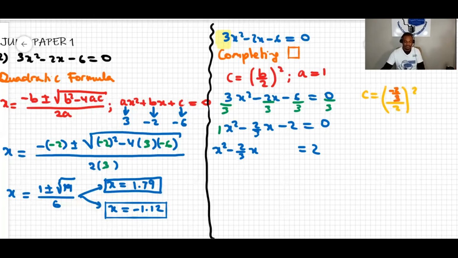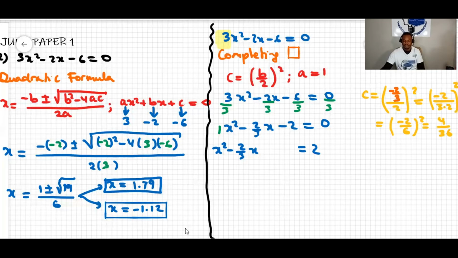When you have a fraction like that over another number, you can just do negative 2 over 3 times 2, to the power of 2. It's going to be like that within the fraction. And then this is equal to negative 2 over 6 to the power of 2, which is 4 over 36.